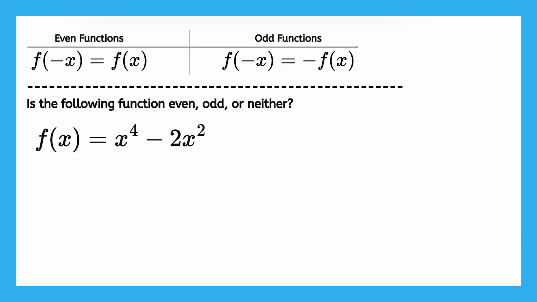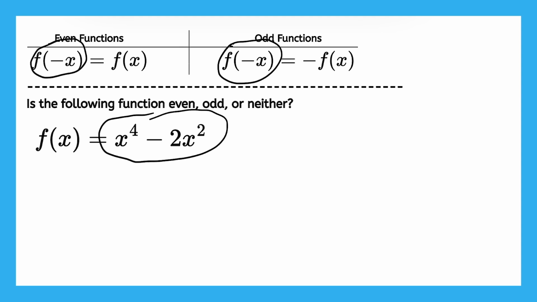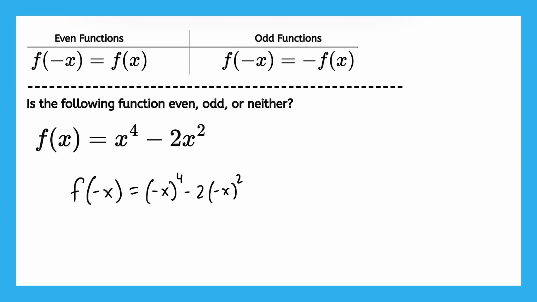Alright, so we have f of x equals x to the 4th minus 2x squared. So just like in the previous example, let's find f of negative x right away because that will be very useful for us. So right here we put in a negative x for x and again a negative x for x. Let's simplify even further. So because we have an even exponent, negative x to the 4th becomes x to the 4th.